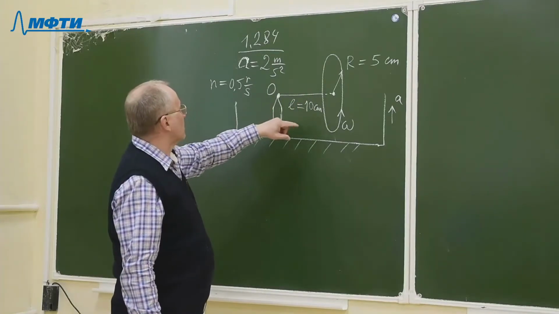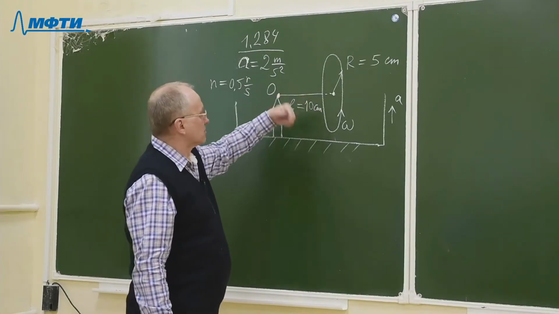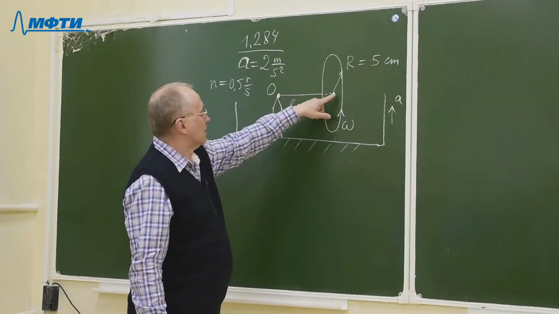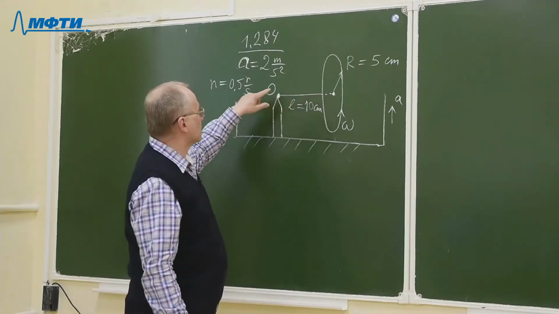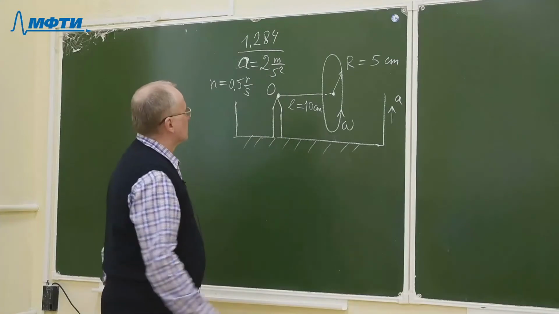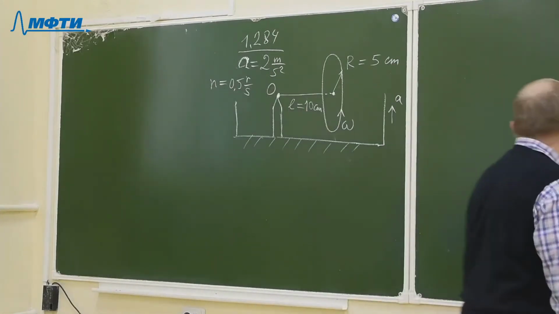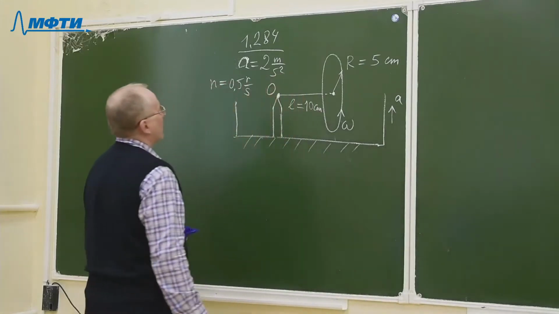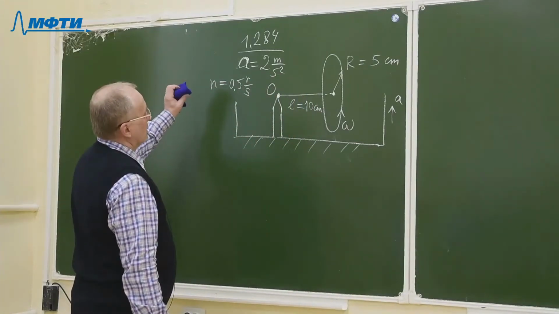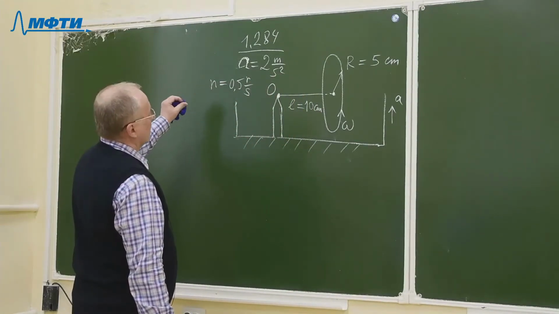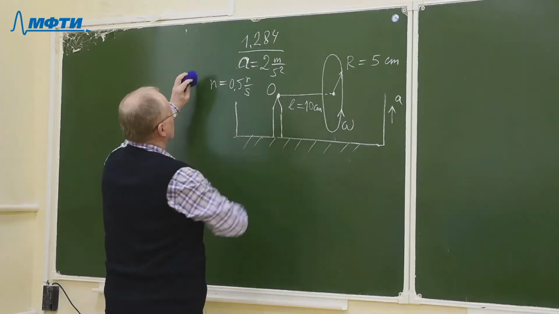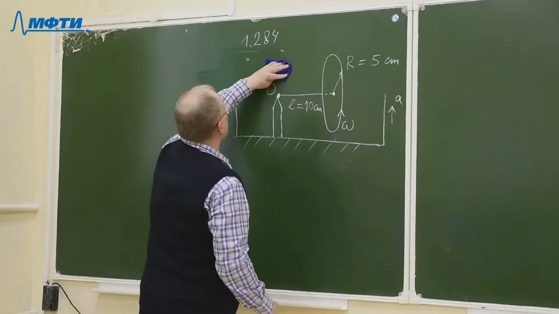And what happens here? A disk rotating, fixed to the axle, which is hinged on such a vertical rod. And we know the angular velocity of precession of this gyroscope.